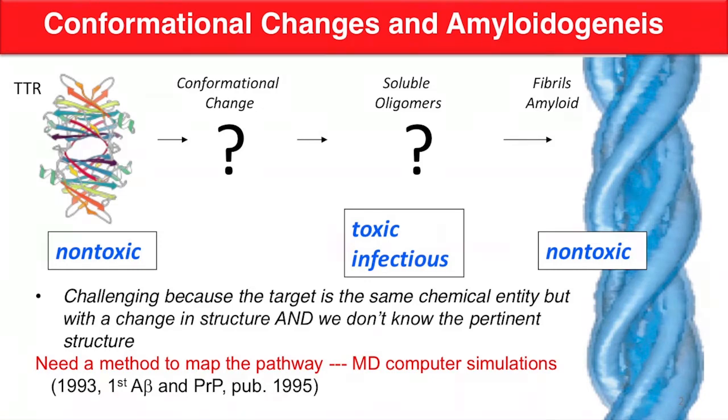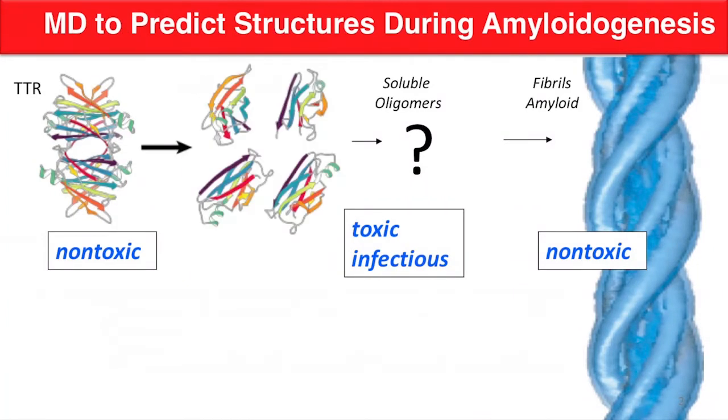We really need a microscope, a lens on that process to see in detail what's going on. The first simulations in this area, we did in the early and mid 1990s, on the A beta peptide associated with Alzheimer's disease, which I'll say more about in a bit, and quite a bit with the prion protein and peptides. So we use this alternative approach to experiment to map this process.